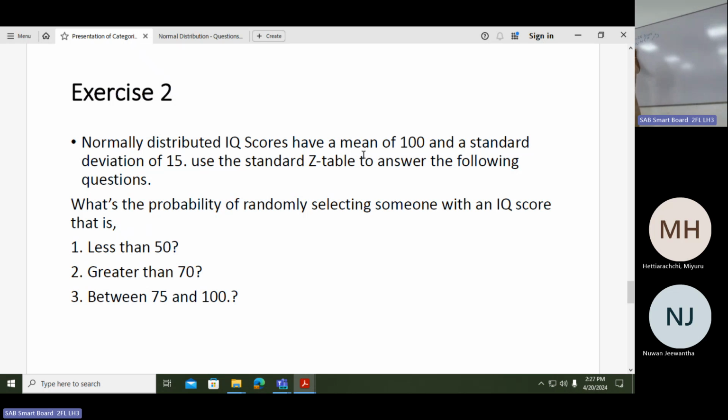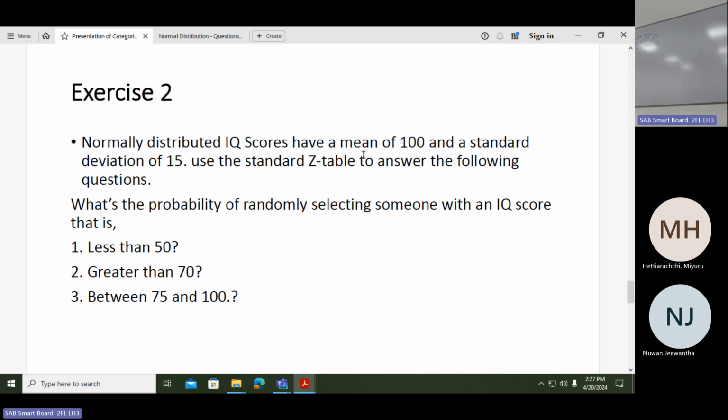Then we write X distributed normally. In here, what is the mean value? 100. Then what is the variance? In here, what is the variance value? Yeah, 15 squared.